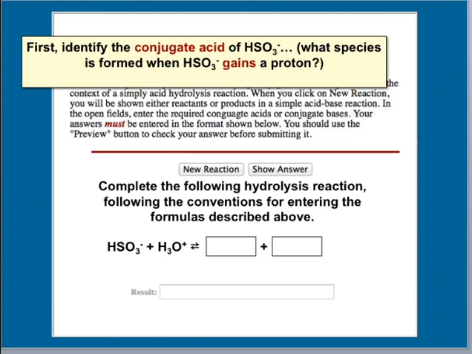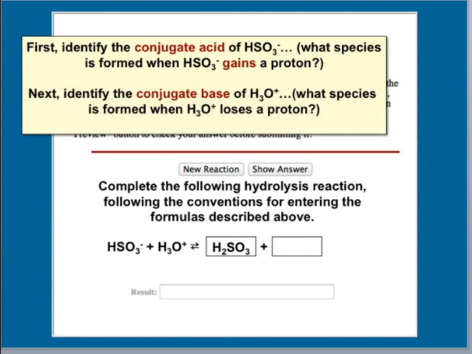What is the conjugate acid of hydrogen sulfite? We're going to take hydrogen sulfite, put a proton on it, and we're going to get H2SO3. If this is our Bronsted acid and it loses its proton, what does it make? It makes water again. Nice and simple.